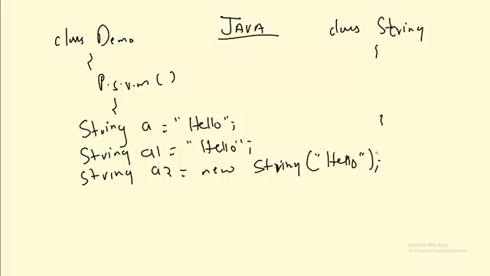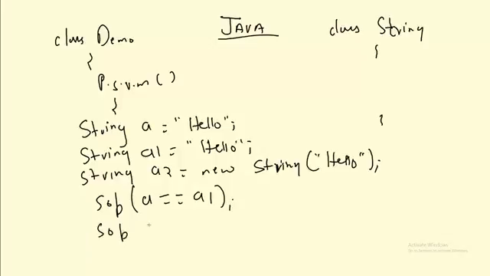What has happened here is, I am pretty sorry, there are three string objects which have been created by me. Okay. Then if I write a print statement, a equal to equal to a1, what happens?